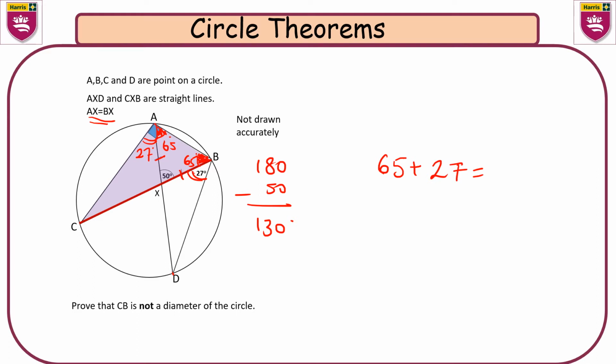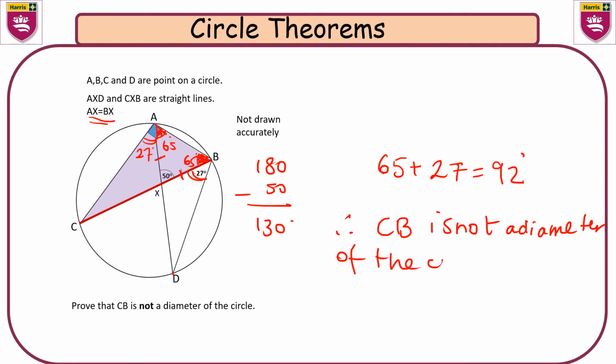So 65 plus 27 gives you 92 degrees, so that is 2 above. Therefore, C to B is not a diameter of the circle.